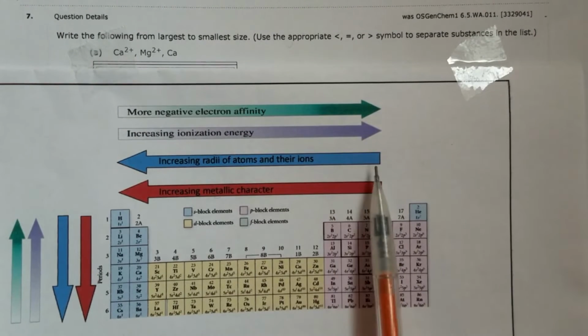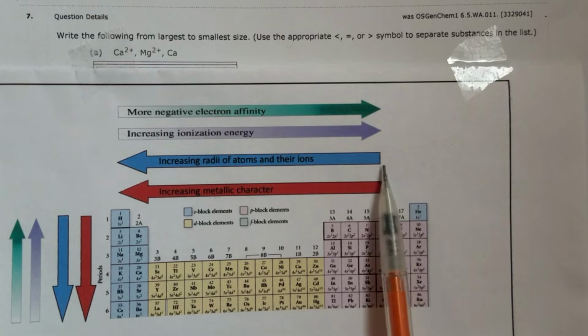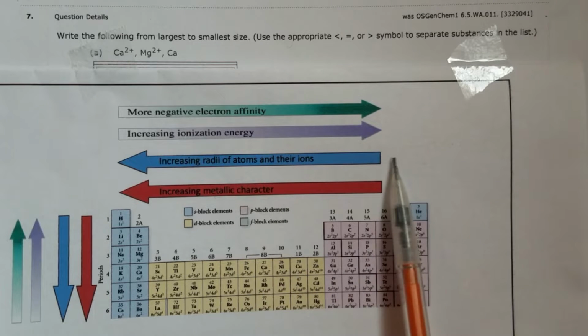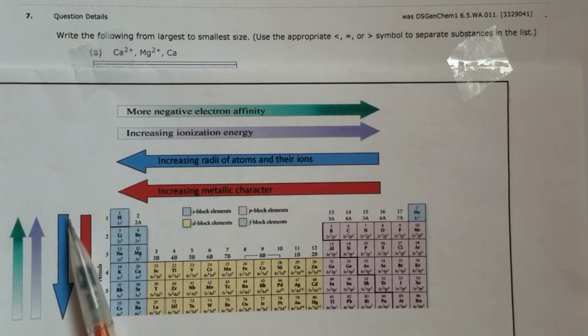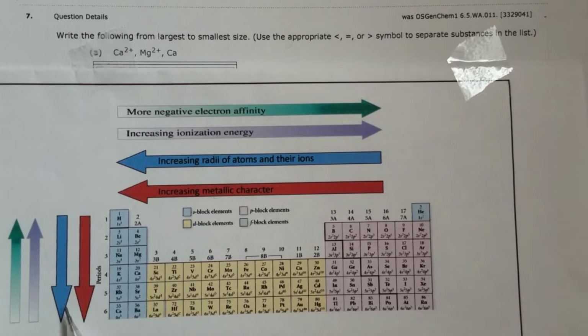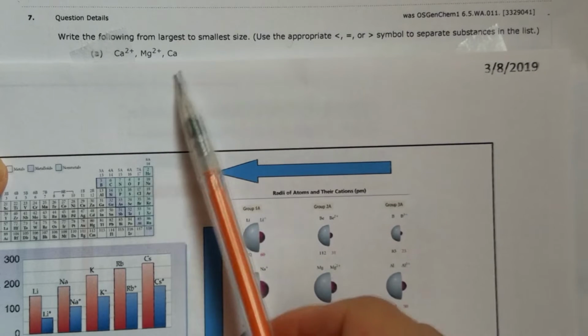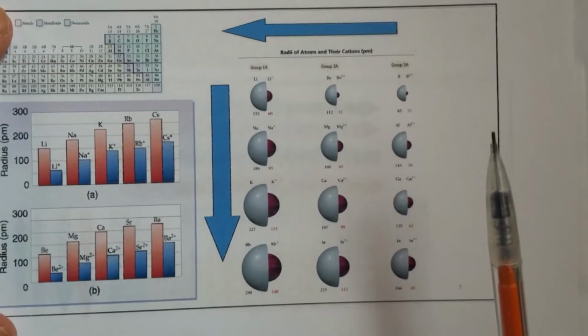Let's take a look at this chart again. So the size of atoms or ions again increases from right to left, increases from top to bottom. Okay? But since in this question you have both ions and atoms, that's why we need the help from this chart.